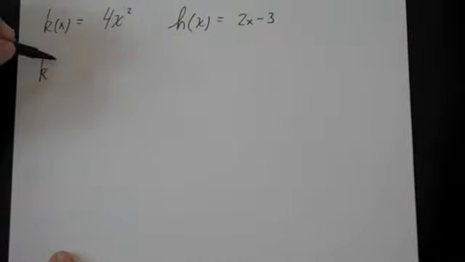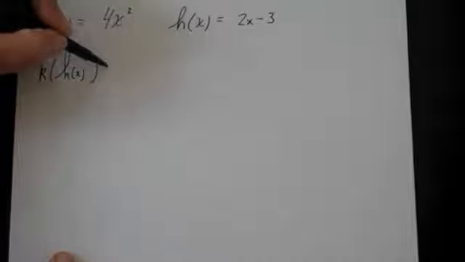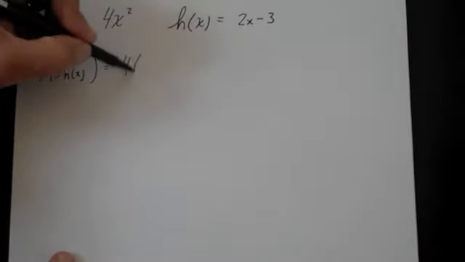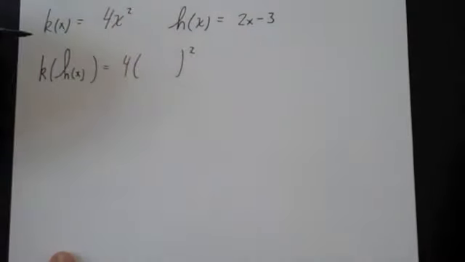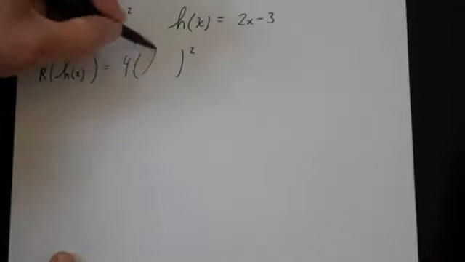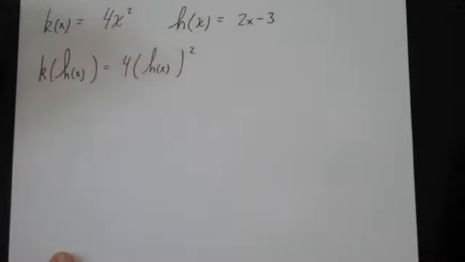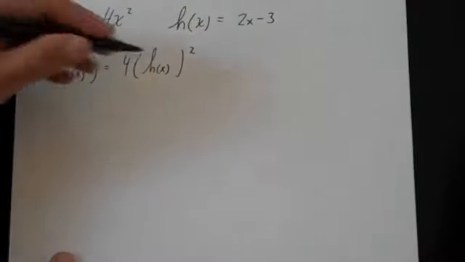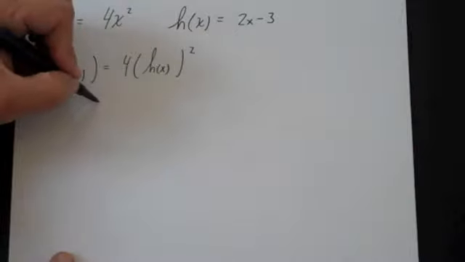If you do k of h of x, then that's 4 parentheses squared, right? That's what k is. And we're going to put an h of x there. Now where the h of x is, let's put 2x minus 3.